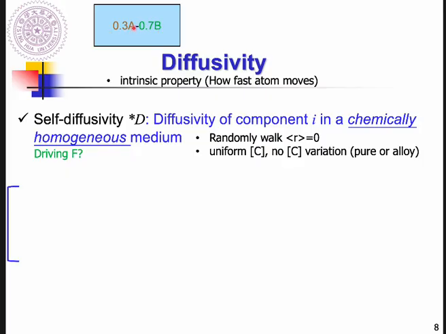The diffusivity for atom A we can also call the self-diffusivity, because we also have a uniform concentration of atom A along this material, with no concentration variation as well. So it can be a pure material or an alloy. For both, we call the diffusivity the self-diffusivity.